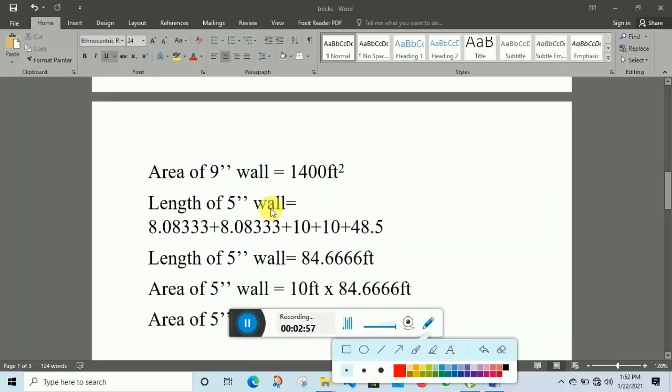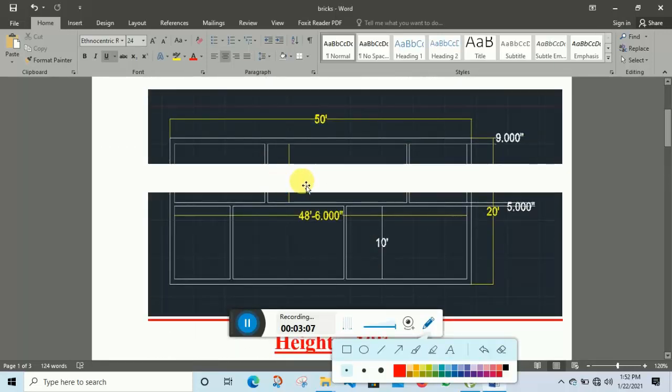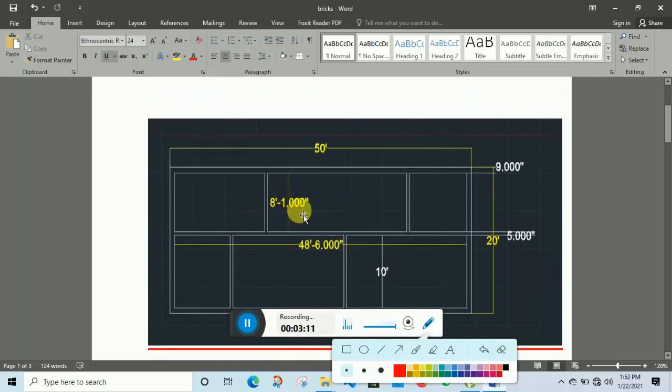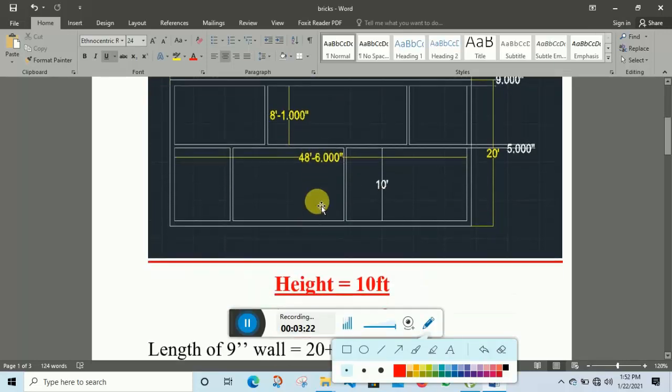Look here, this is the length, this is also length, and this is 10 feet, these are all given to us. This is the length, this is also length, this is 8 feet 1 inch, this is also 8 feet 1 inch. So 8 feet 1 inch, and 10 feet, and the overall length that is given to us is 48 feet 6 inches.